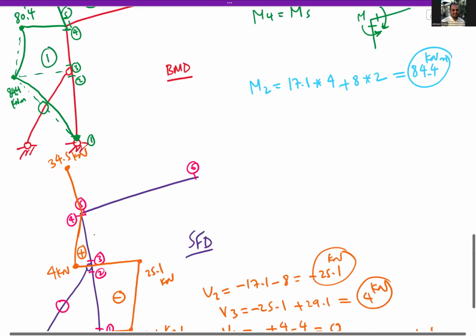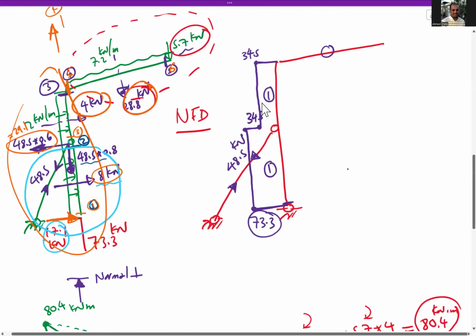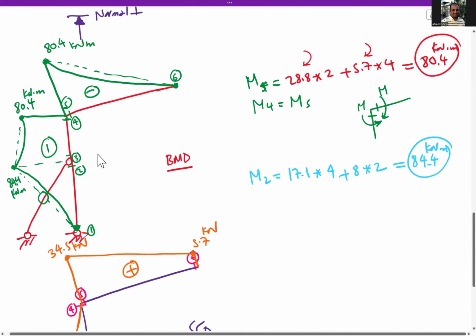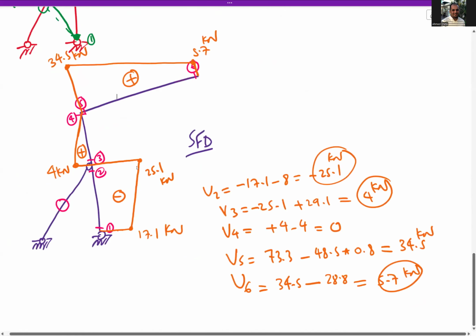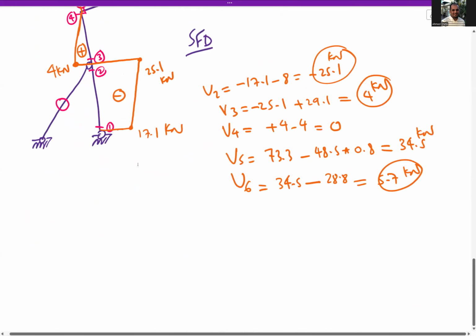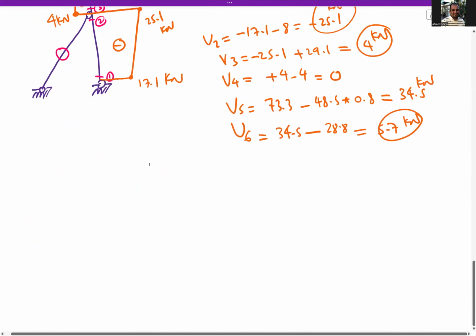So the shear here will go up to 5.7 kilonewton. So this is how to draw the normal force diagram, shear force diagram, and bending moment diagram for the column and rafter of this shed or this frame.